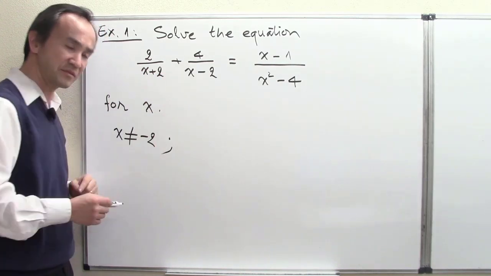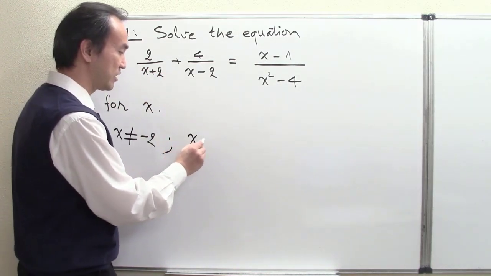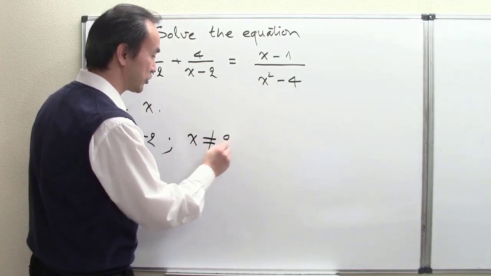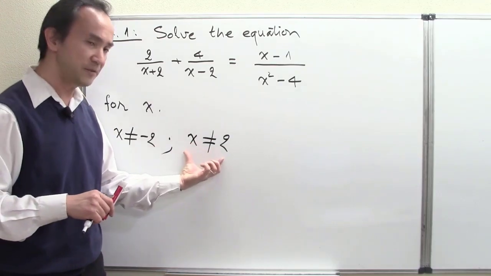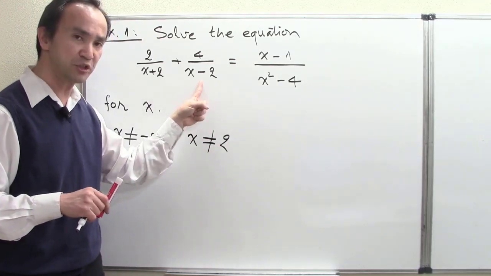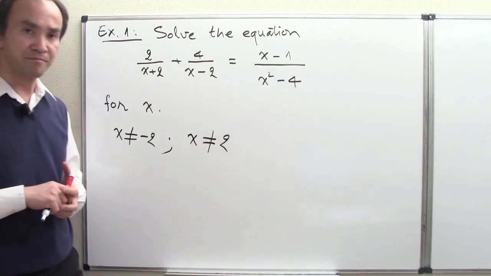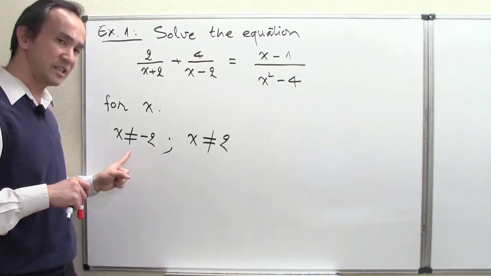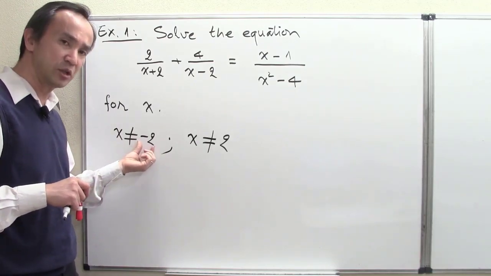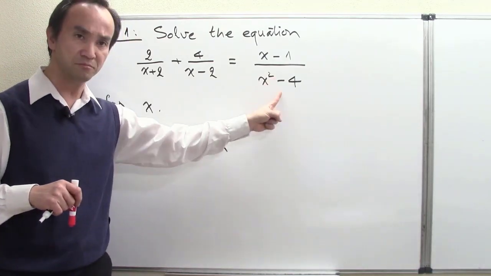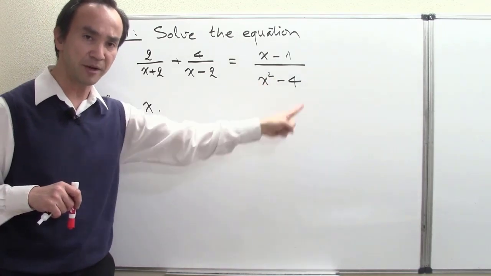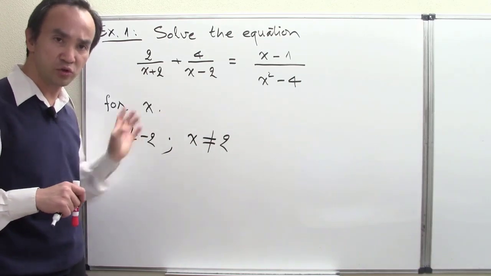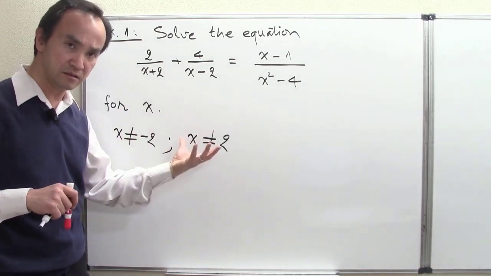Aside from that, we must exclude x equals 2, because this value of the unknown will cause this particular denominator to equal 0. Now, what about that denominator here? I can see that either x equals negative 2 or x equals 2 will make it equal 0. So we don't have any additional values to note about making the denominator equal 0.